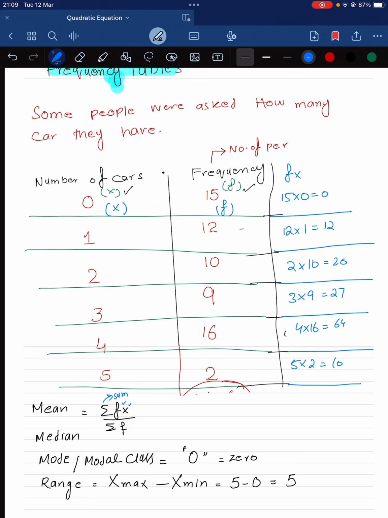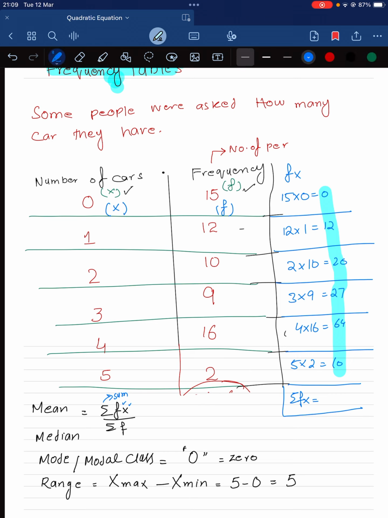So now we have the column of fx. Now we need to add them. This will give us the sigma fx. Sigma fx is basically the sum of this column. We need to add all of these numbers, right?